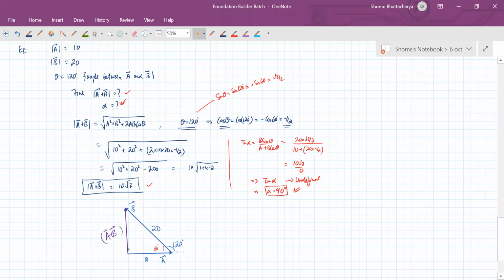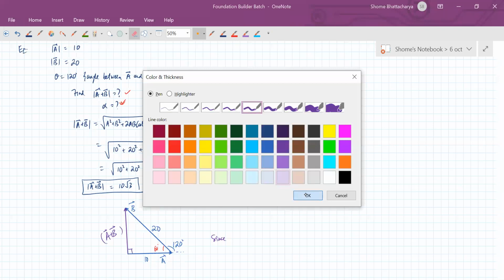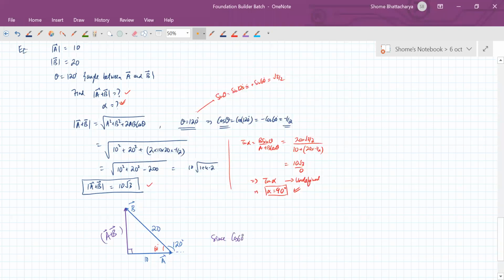Because this angle is 60, and since cos 60 is half, therefore we know that it is a right angle triangle.